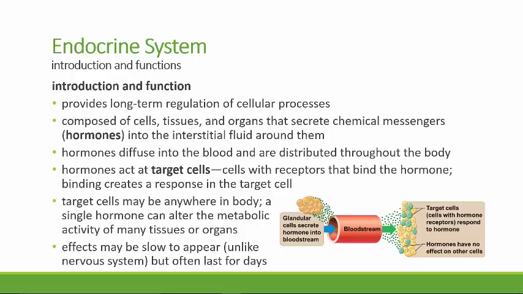Target cells can be found anywhere in the body, and that means that a single hormone can alter the metabolic activity of a number of different tissues or organs throughout the body, and it could have different effects in different cells. Generally, the effects are slow to appear, but when they do appear, they will often last for days or even longer.